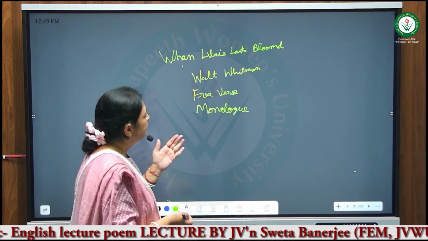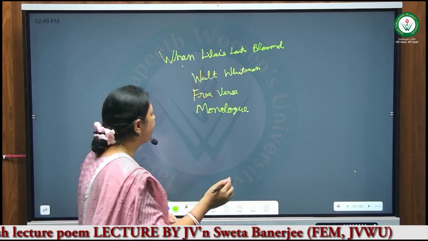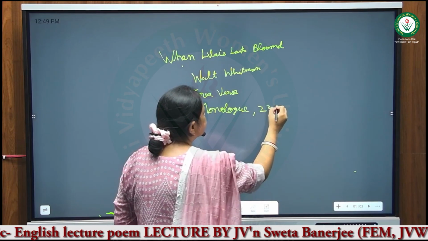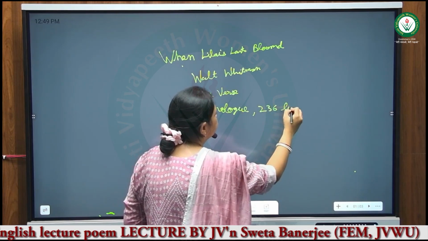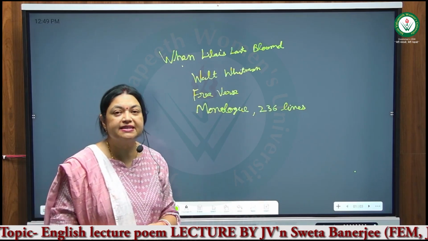Now, when we go further, this poem is a very long poem, written in 236 lines. And why is it a long poem?